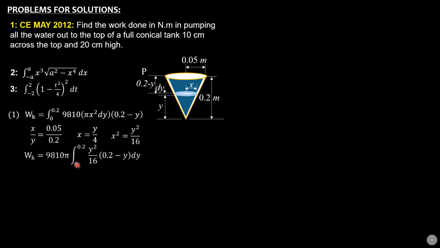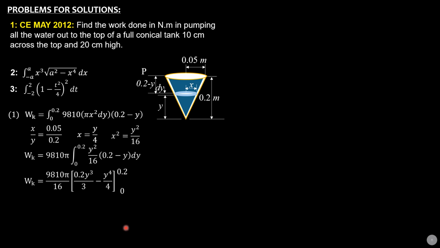So 9810 over 16, the integral of the first is 0.2 y cubed over 3. The integral of the second, because this is negative y cubed, is y to the fourth over 4, from 0 to 0.2. So 9810 pi over 16 times quantity 0.2 y cubed over 3 minus y to the fourth over 4, from 0 to 0.2.